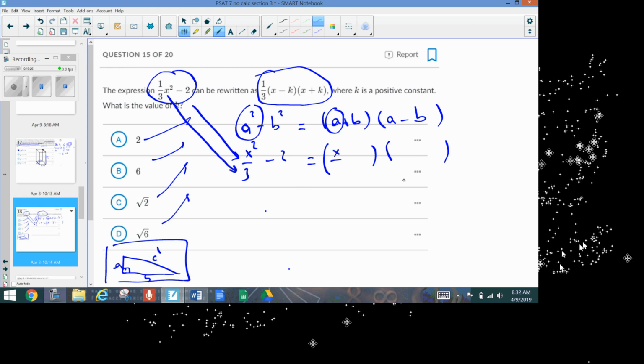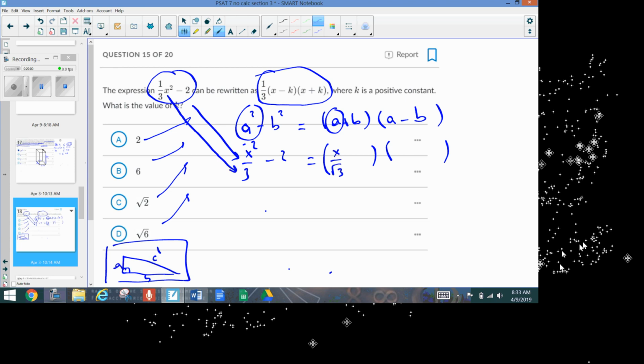Square root of x squared is x, and the square root of 3 is root 3. A squared, take the square root of it, a. So you're supposed to do the same thing: the first term is x over root 3.